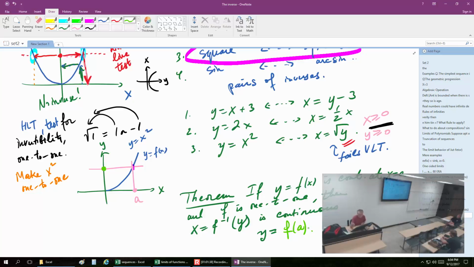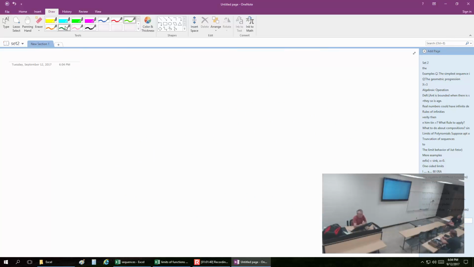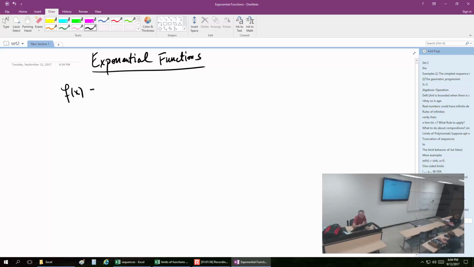We actually saw a little bit of that recently when we talked about sequences. F of x is equal to a to the x. Okay, so that's a big topic, and I just hope you have enough in your background to remember the basic rules of handling exponential functions.